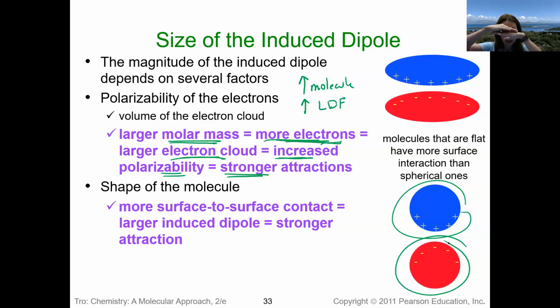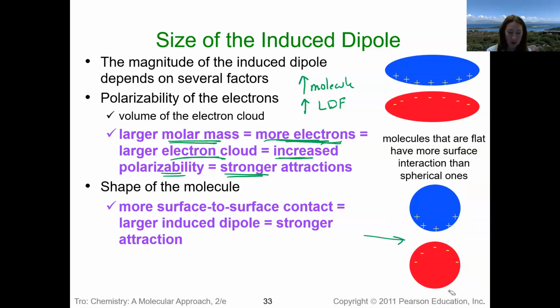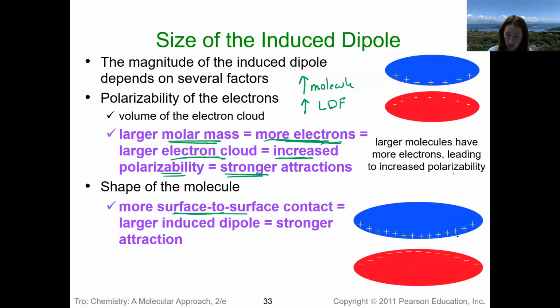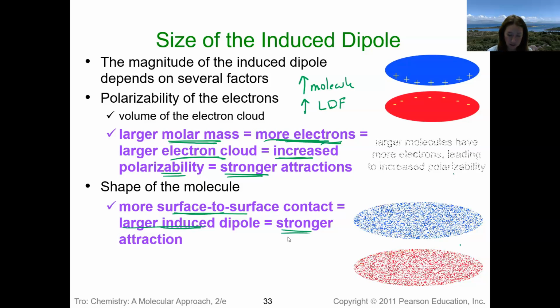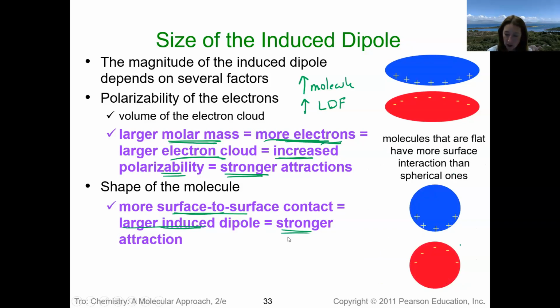So a molecule that looks like this versus this has less ability to interact, right? If there's more surface to surface contact, see how there's more ability for this interaction to occur? It's a flatter molecule. More surface to surface contact means larger induced dipole, stronger attraction, right? So if it's flat, there's more interaction than if it's a circle.